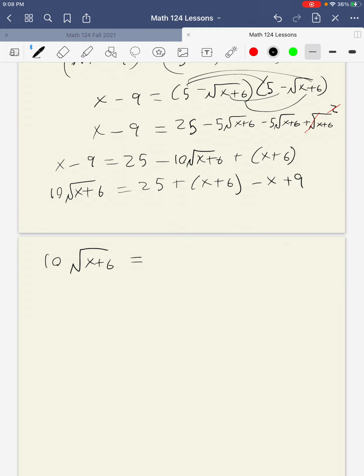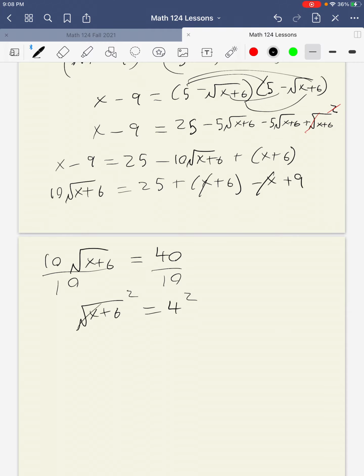Yeah, 40. Plus x minus x goes away. Okay, so that's good. I could get the 10 out of there, that will be fine. So right-hand side we have square root x plus 6. On this side we have 4.